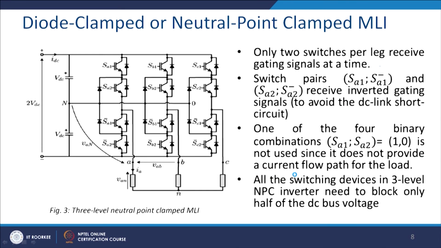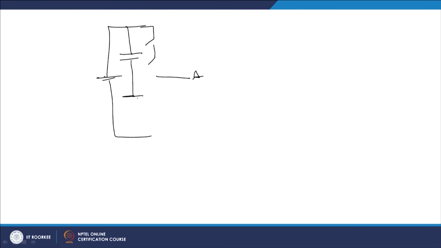Now, this is the switch. Before that, we can take a whiteboard to explain it. So, this is the point, let us say A, this is your DC bus voltage, and you have a diode clamp circuit.